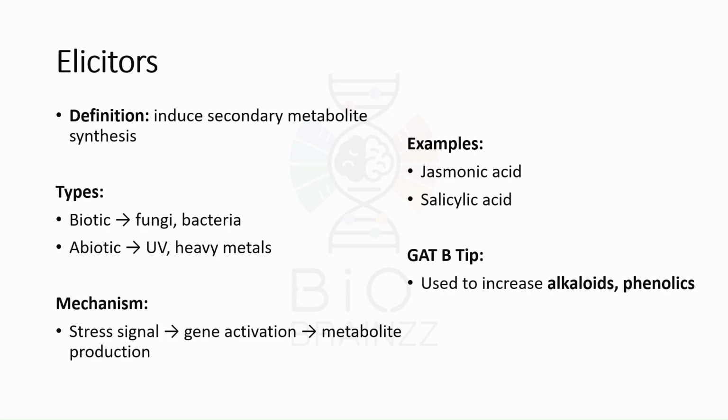There are two types: biotic, from organisms like fungi and bacteria, and abiotic, like UV light or heavy metals. Important examples include jasmonic acid and salicylic acid. In exams, remember that elicitors are mainly used to enhance metabolic protection.